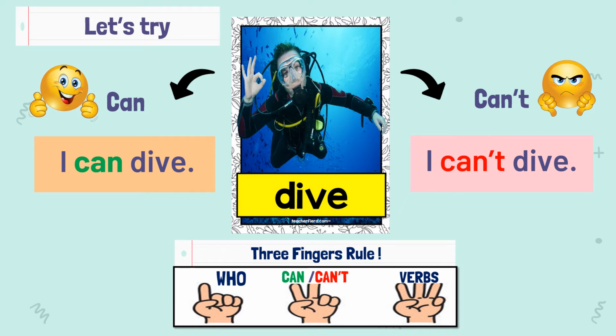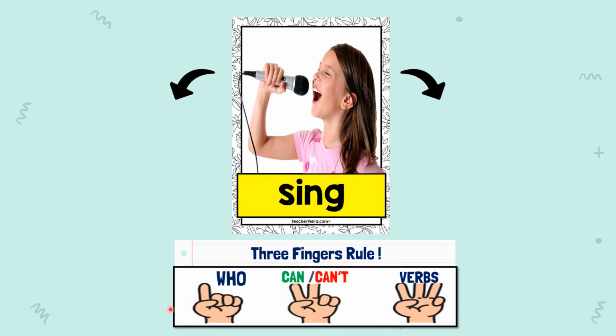Well, let's try another practice using can or can't with the three fingers rules with the word sing. So number 1, if you were to write a sentence using can, number 1, I, number 2, can, number 3, sing.